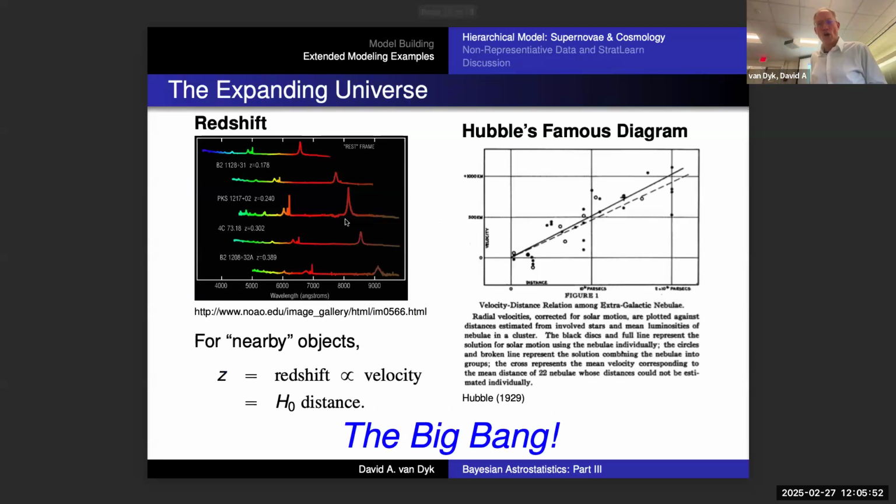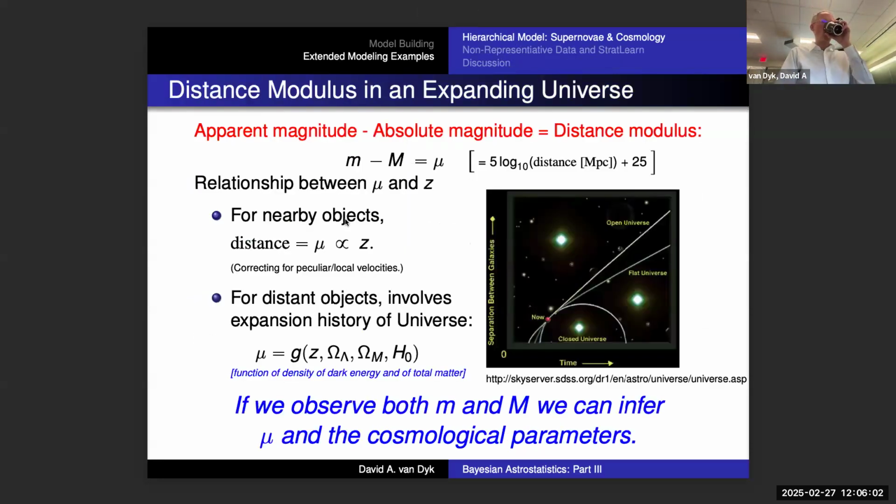Okay, so now I want to do something a little bit more complete with the supernova data. This is the same slide as we had before, except at the bottom, before I was talking about when I observe the capital M and when I don't, because I have this truncated data set.